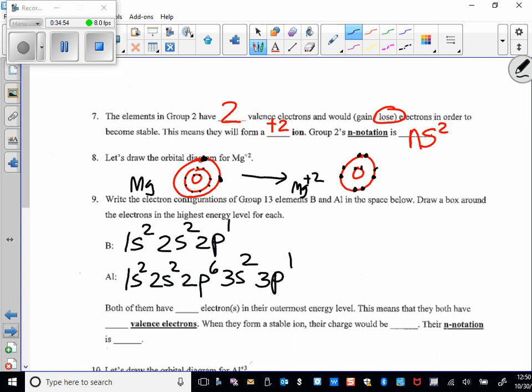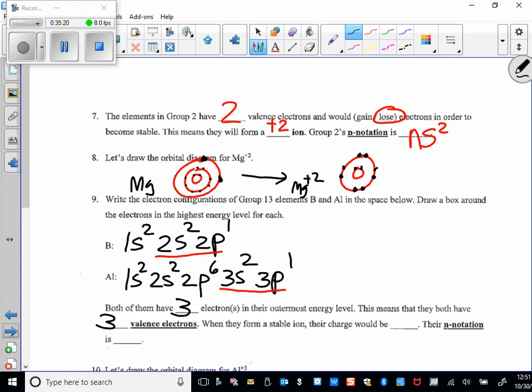So what is the highest energy level? This is the highest energy level. s2p1. The s and the p together is the highest energy level. So how many electrons do they have? 3. There are 3 electrons in their outermost, which means they have 3 valence electrons.